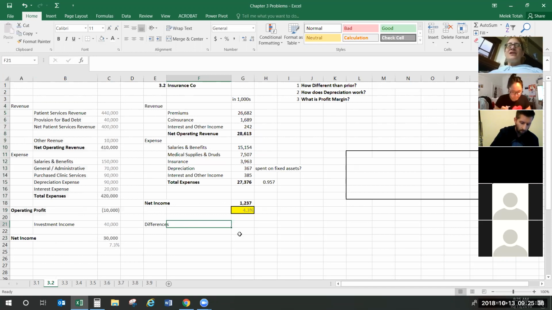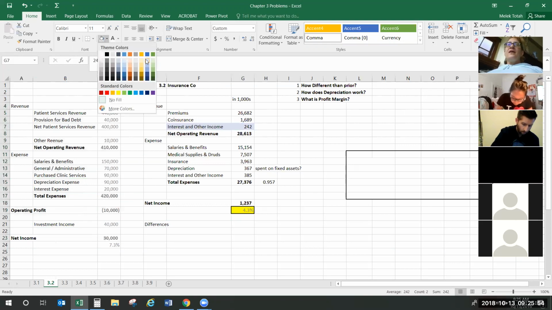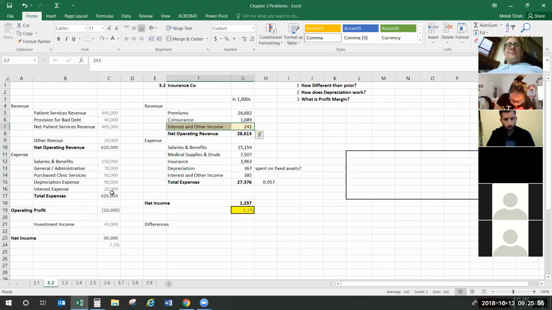So good catch. We've got this difference with investment and interest. Here interest is shown as an expense, but here interest is shown as income or revenue, right? A lot of this has to do with how they classify their different line items.